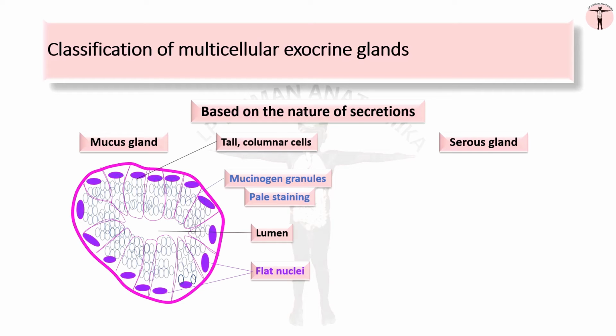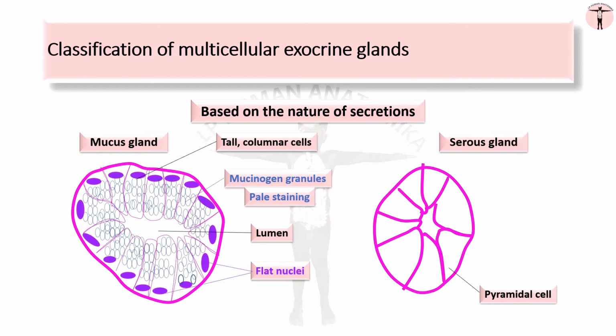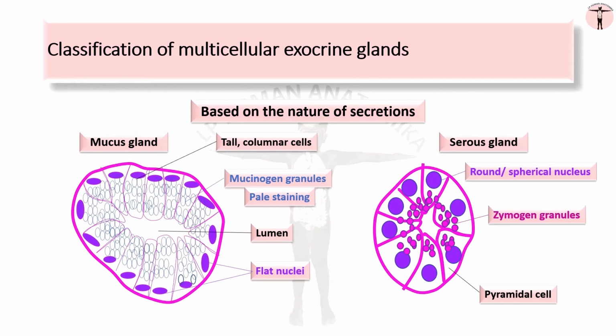In serous glands, the acini are of serous type. Cells of serous acini are triangular or pyramidal in shape with a rounded or spherical nucleus placed in the lower half of the cell. Zymogen granules are present at the apex of the cell.